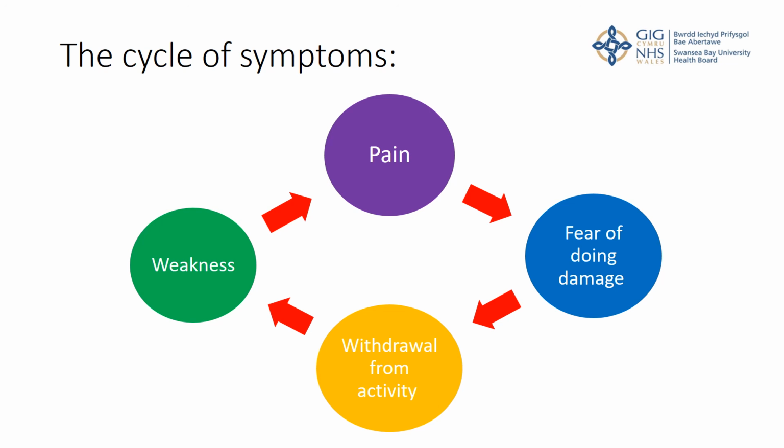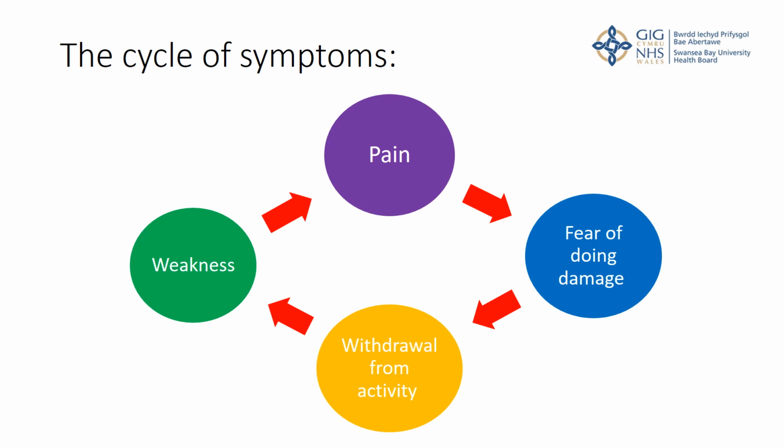Weakness within the forearm muscles often leads to more pain. This is because when it comes to doing those activities once again, the muscle becomes deconditioned and weak, putting extra strain on the tendon, which leads to the pain and the flare-up of symptoms.